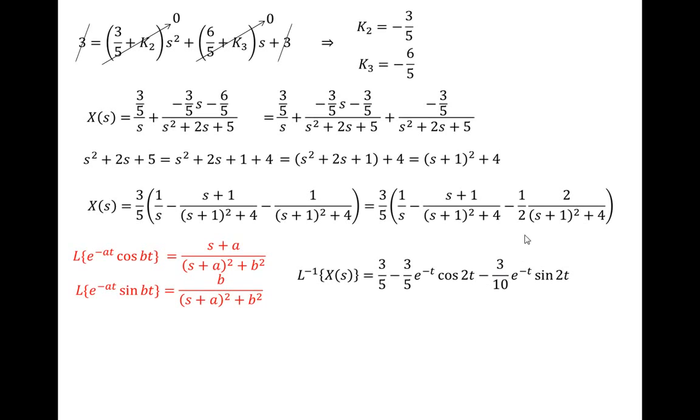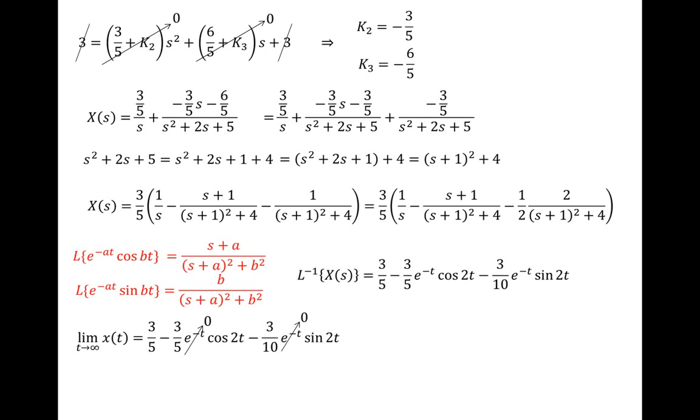And for here, the reason I multiply by 1 over 2 and 2 is that I wanted to reshape this fraction to the form of e to the minus at sine bt. So the Laplace inverse of this one will be minus 3 over 10 e to the minus t sine 2t.